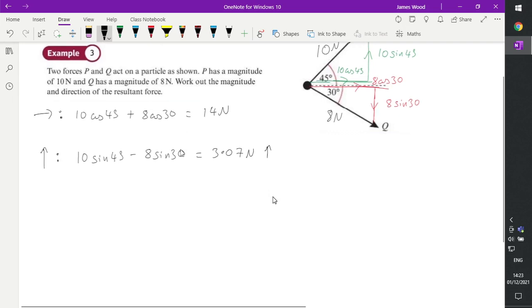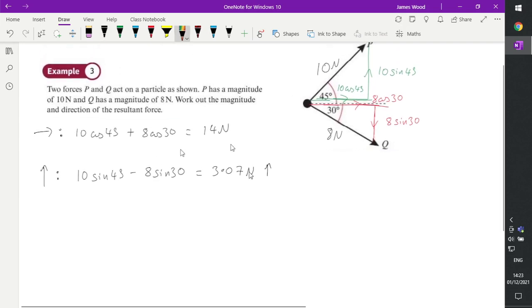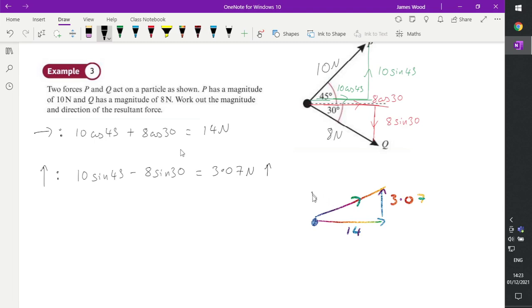So overall, my particle has a force across of 14, and a force upwards of 3.07. So overall, it's moving diagonally to the right. Now to work out the magnitude, I could do 14 squared plus 3.07 squared, square rooted, just to find the magnitude.